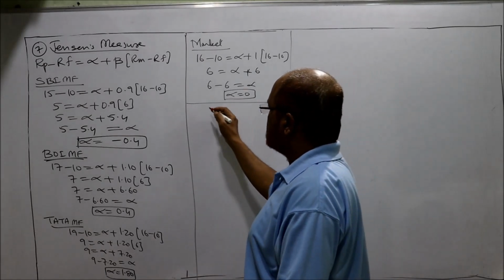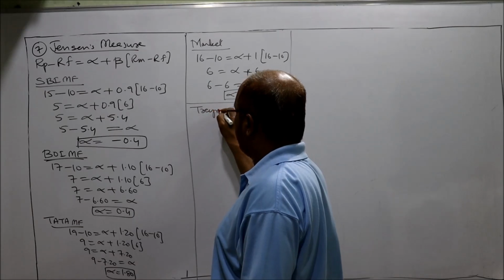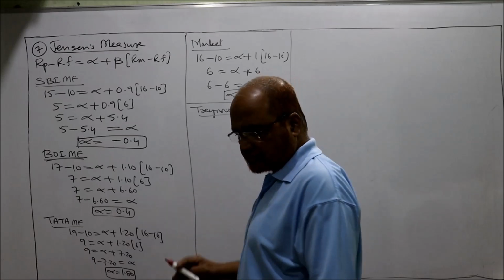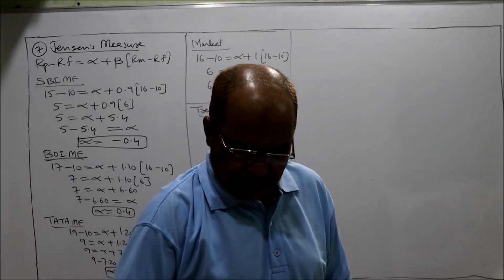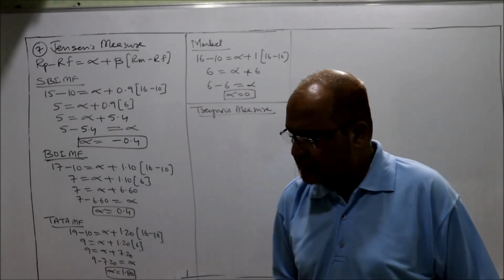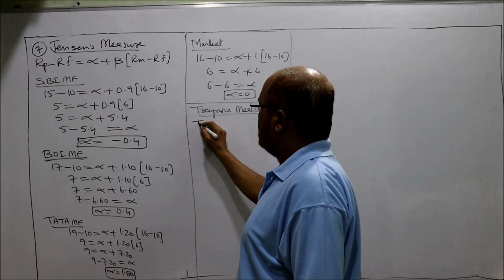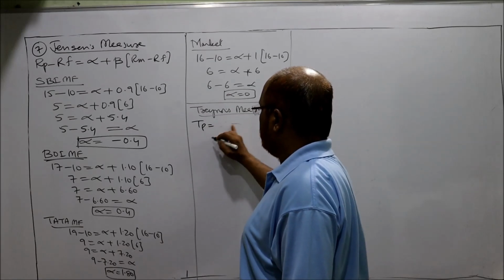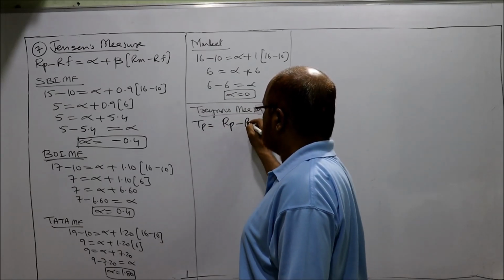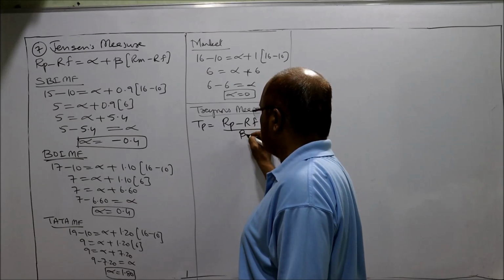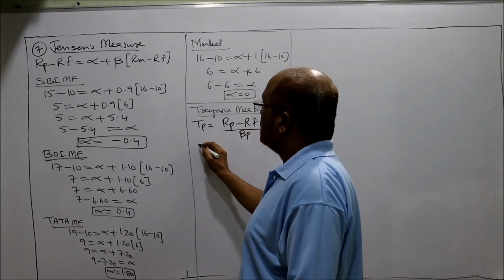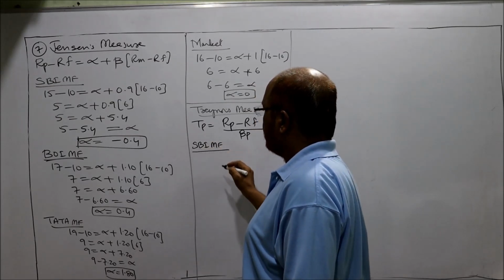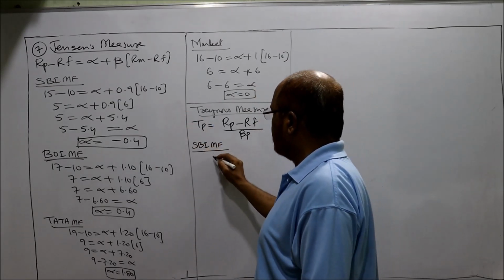Now we'll apply Treynor's measure. TP is equal to RP minus RF divided by beta P. So first we take SBI. RP 15%.